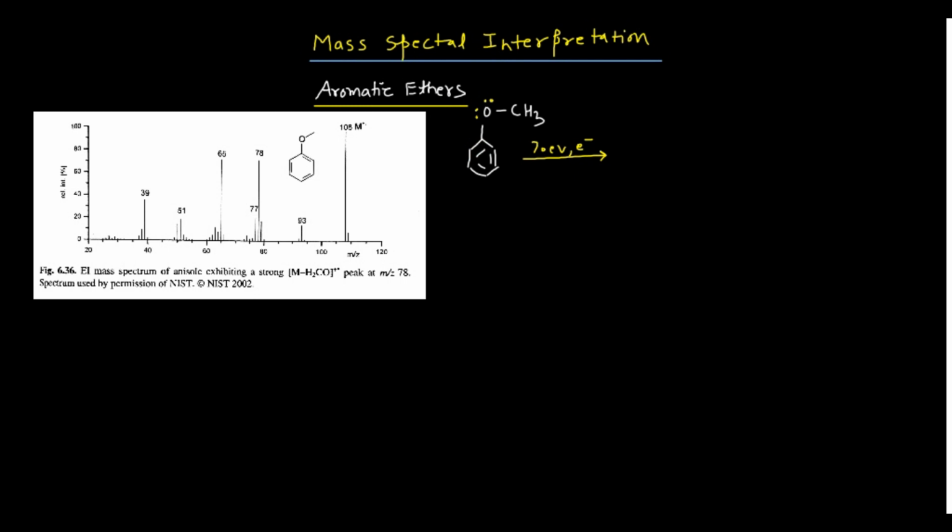But I am knocking out the electron from the oxygen because it is easier. So what you are left with is 2 electrons here, one of which is this one, and the other I have ejected from this species, and this results in the molecular ion.